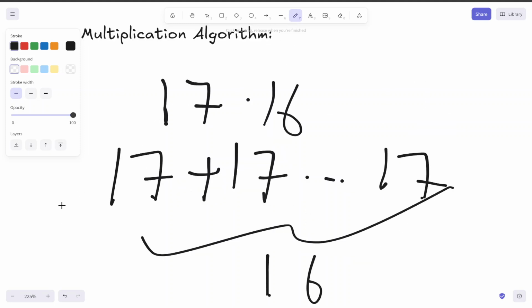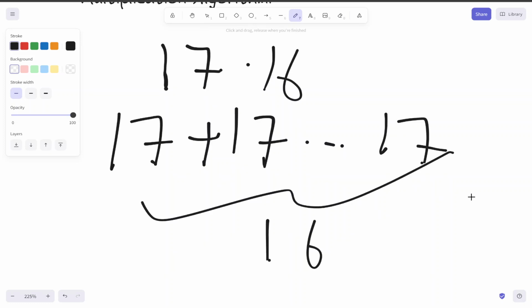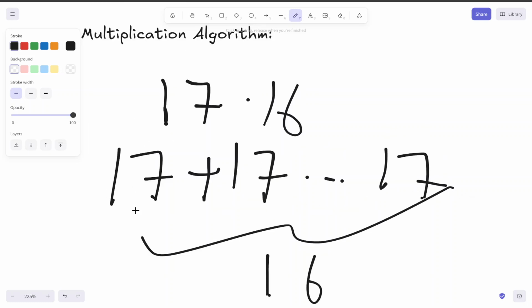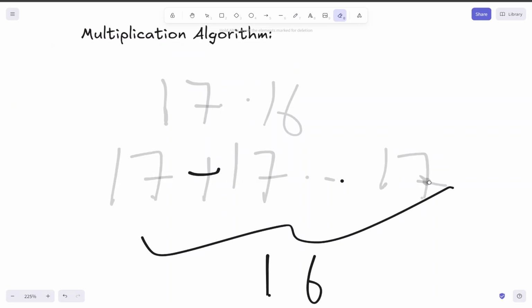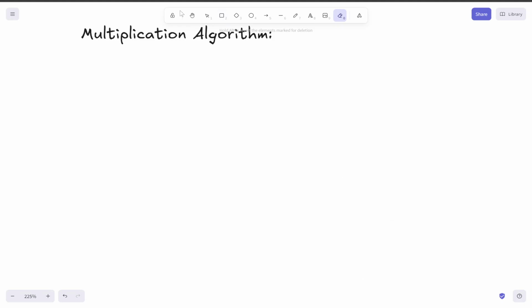So this is obviously very inefficient and it's going to take a while for you to add up all those 17s. But in fact, there is a pretty clever way to multiply these two numbers.